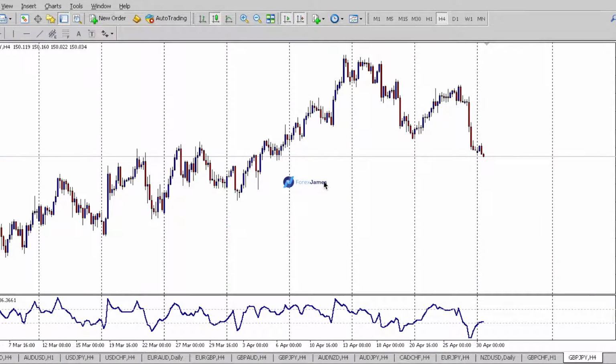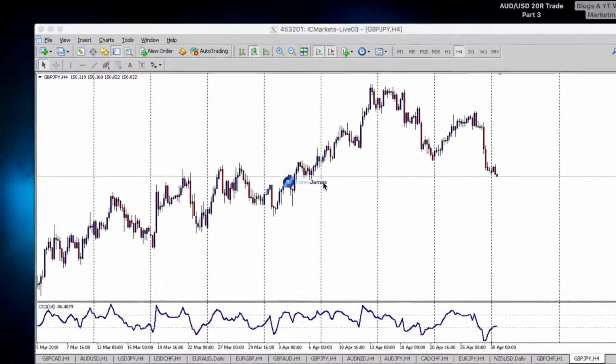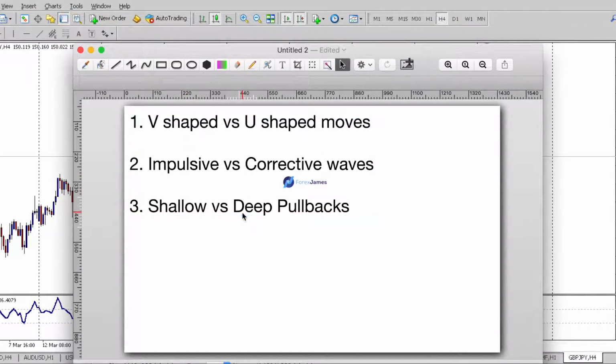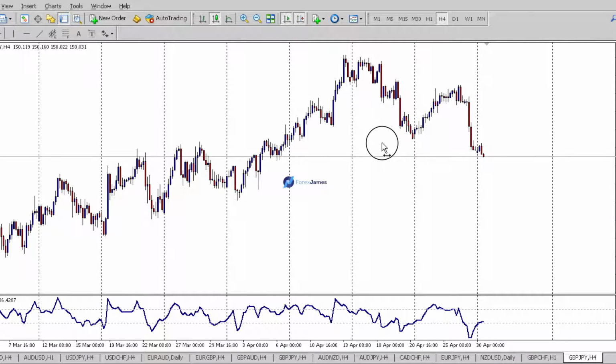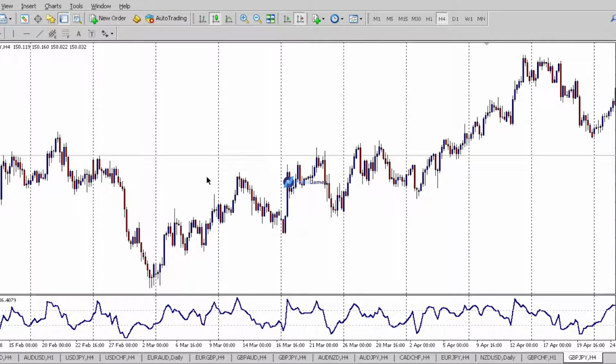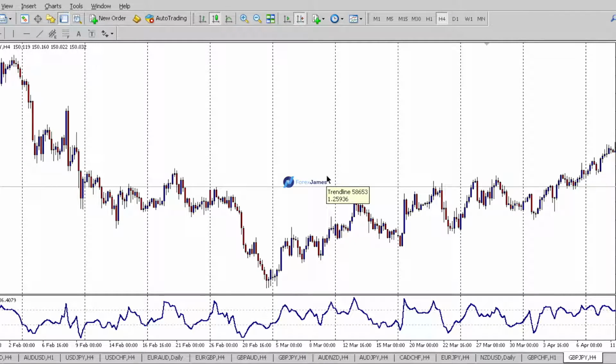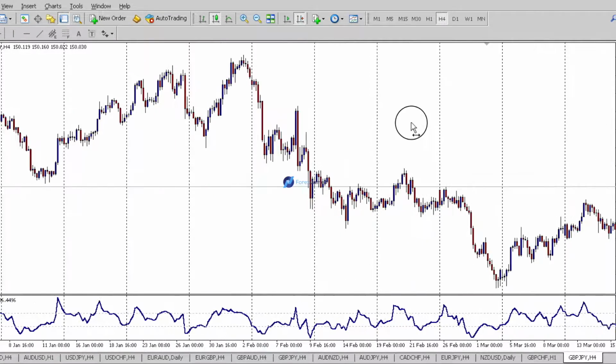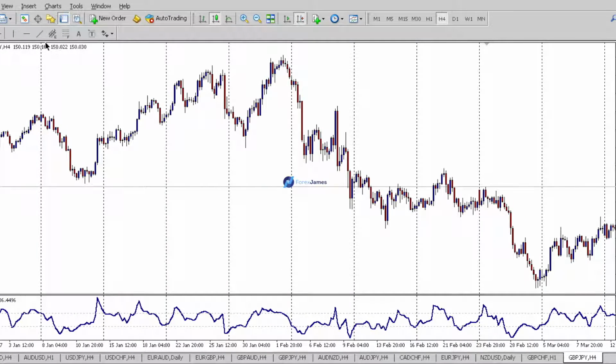The last thing that I look out for is the shallow versus the deep pullbacks. As you can guess already, the shallow pullbacks are better to gauge a reversal. It just means that the opposing force is so strong that there's no time for price to react.